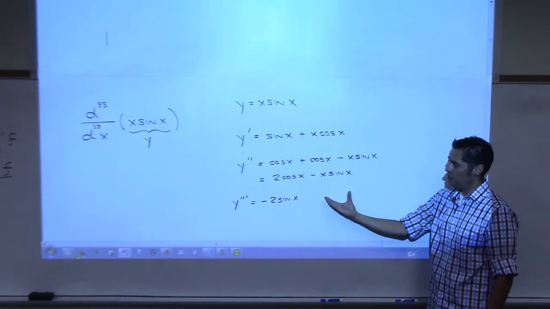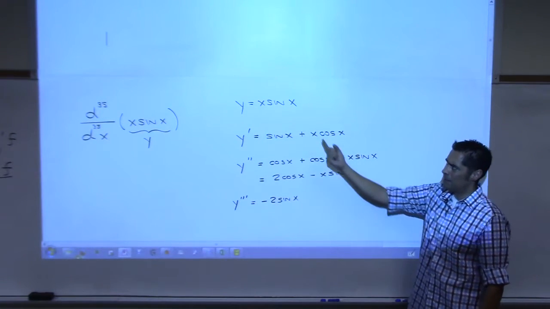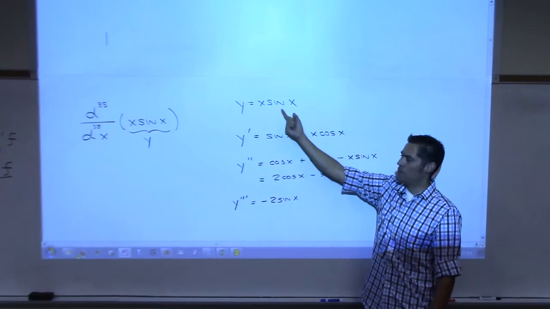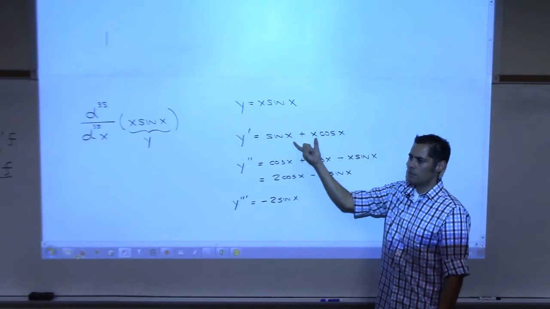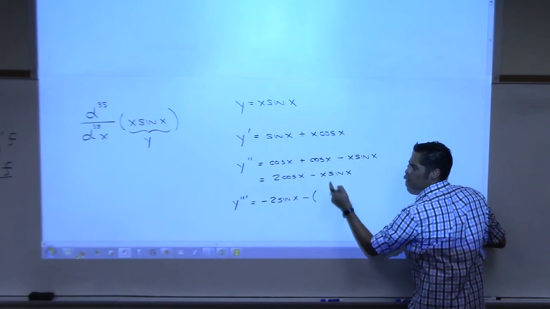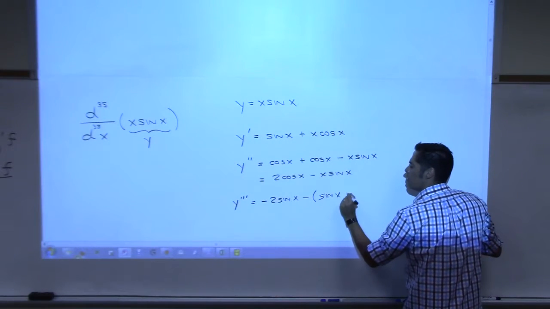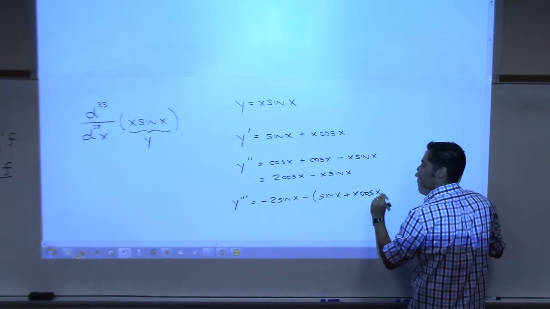The derivative of this, x sine x. Wait a minute. Wasn't that this? And don't we already know what its derivative is? Right here? So I can have right here minus, now what did we say the derivative of that was? It's this, right? So sine x plus x cosine x.